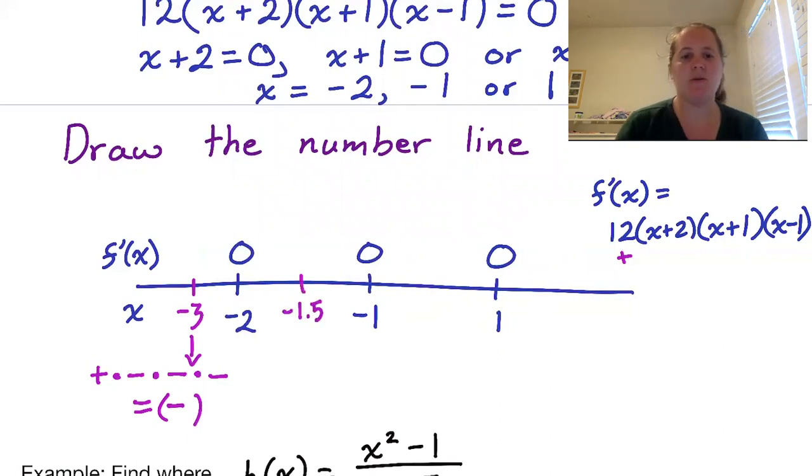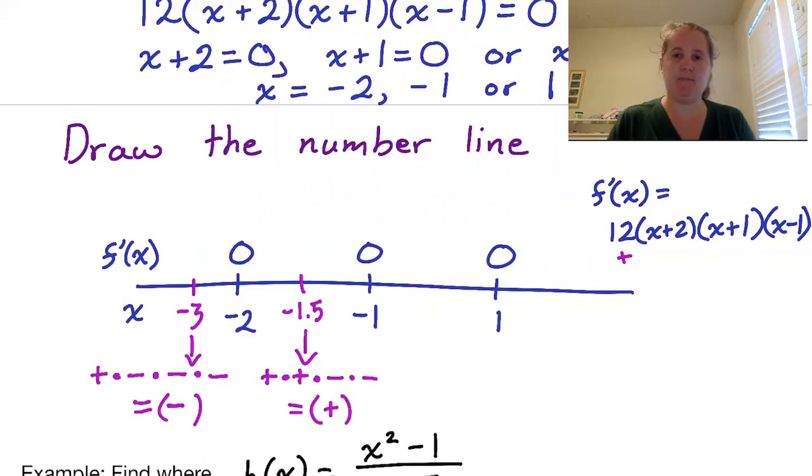That's between -1 and -2. 12 is still positive. Now, -1.5 plus 2 would be positive as well. That sign has now switched. -1.5 plus 1 is still negative, and -1.5 minus 1 is still negative. And so this time we wind up getting a positive result.